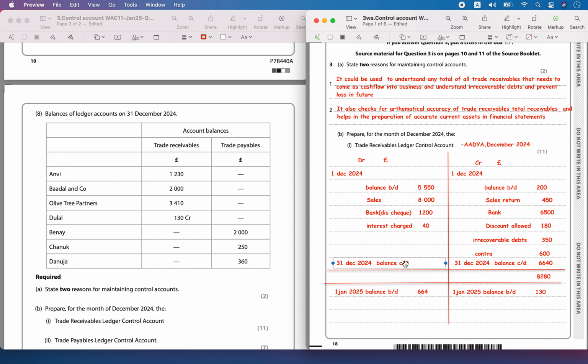So 130 on this side, and here the balance carried down would have become 130.